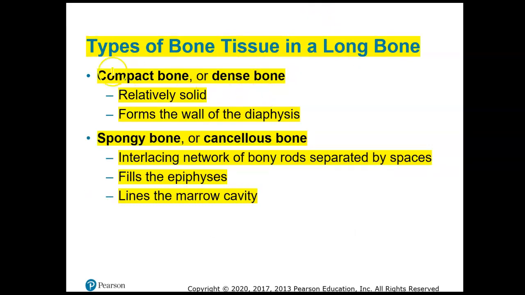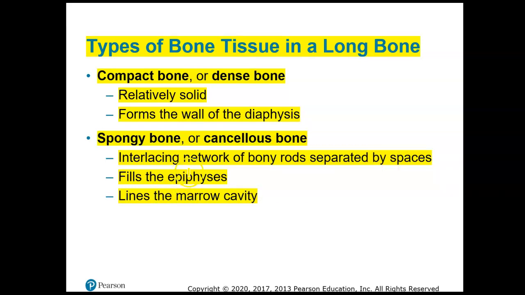The two types of bone tissue are compact bone or dense bone. We find that in the walls of the diaphysis of long bones. And then spongy bone, which is also known as cancellous bone, is composed of a network of bony rods separated by air spaces. Where actually it's filled with red bone marrow, so it wouldn't be air spaces.